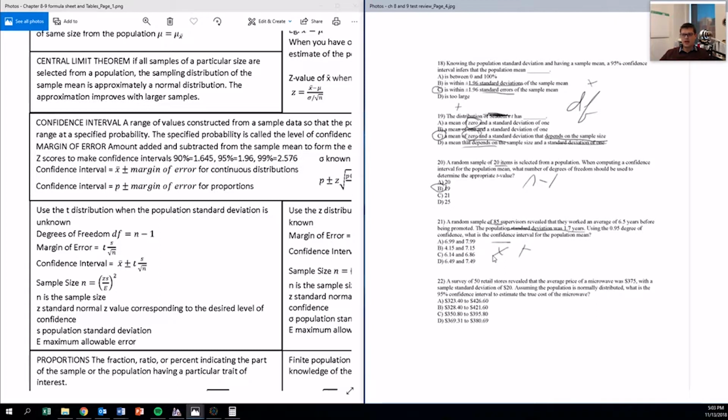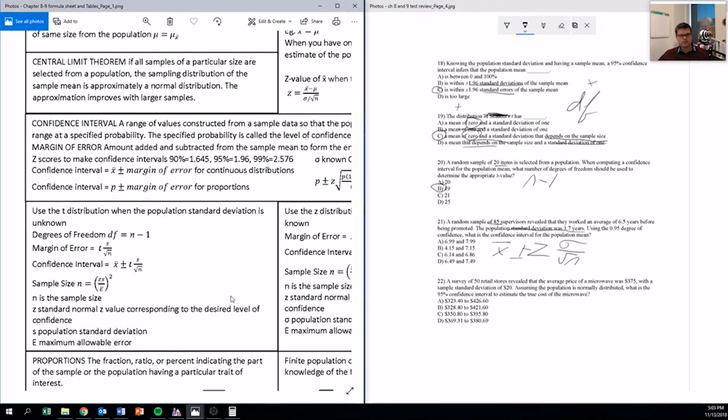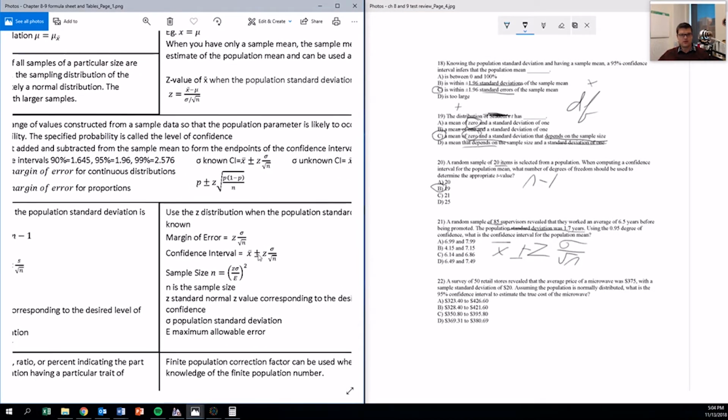Let's see here. So you've got the confidence interval right here. We're calculating a confidence interval: x bar plus or minus z with the standard deviation over the square root of n. And so, first of all, x bar, what is x bar? X bar is 6.5. Okay, plus or minus the z-score.